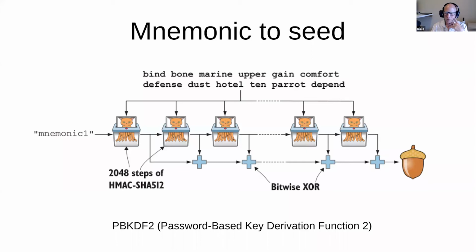So we use all these steps just to make guessing harder. Each guess should take a little longer than just a simple hash or something like that. I think it's called key stretching.